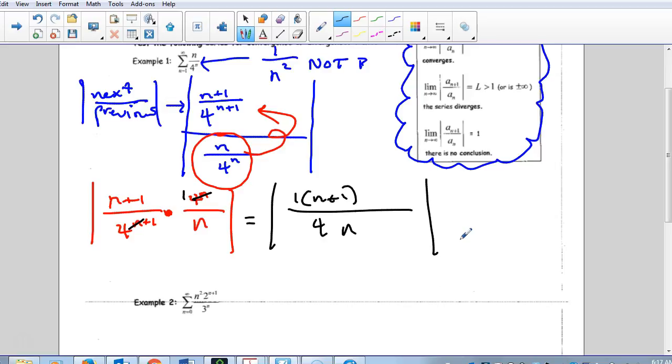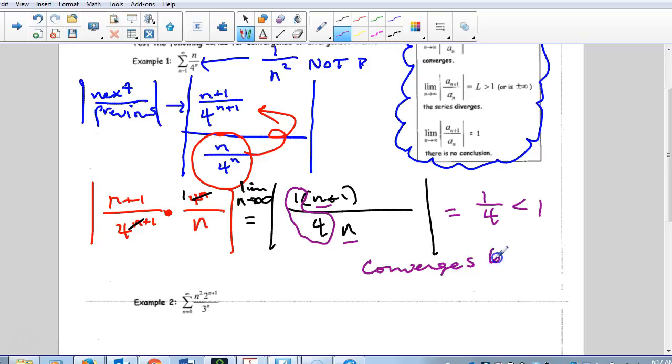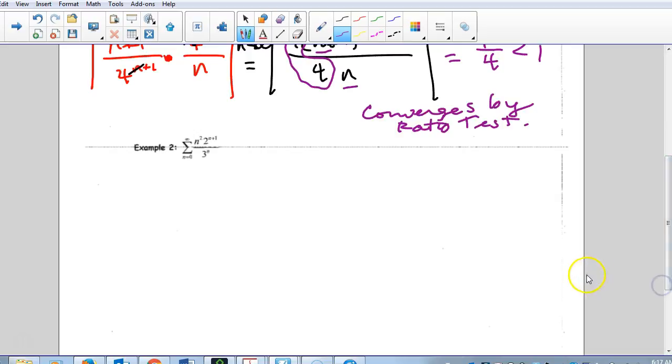So what I'm doing, I want to know is the limit, and what gives me a clue is I've got exponentials.